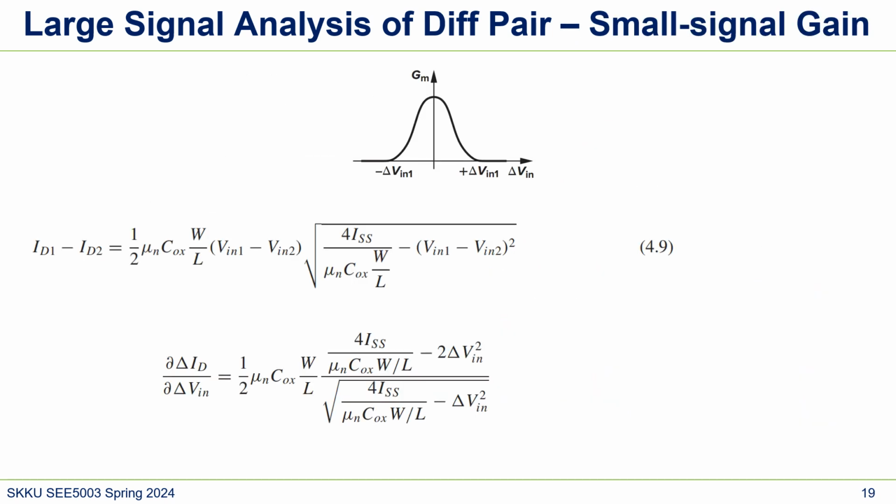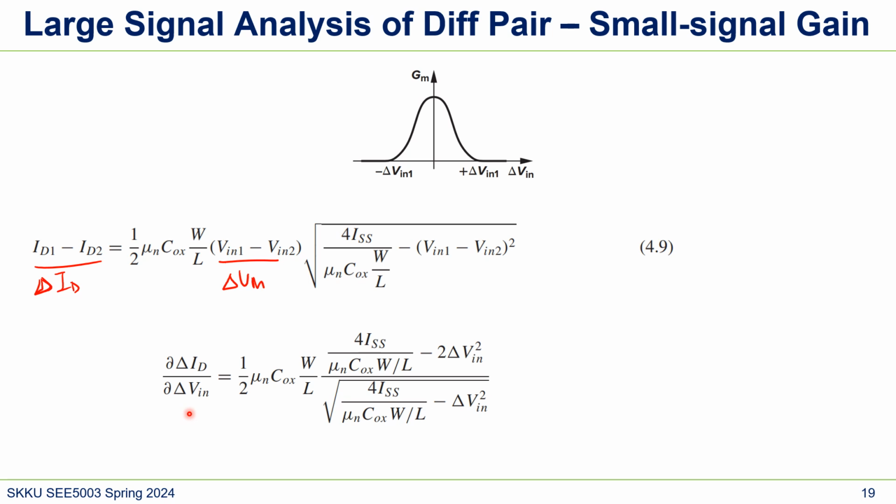Also, we can calculate the small signal gain from our large signal analysis. Let's look at this equation again. This is delta Vin, and this is delta ID.